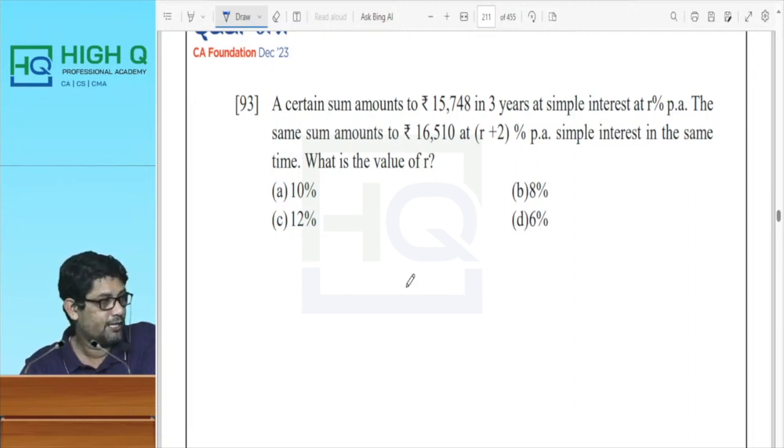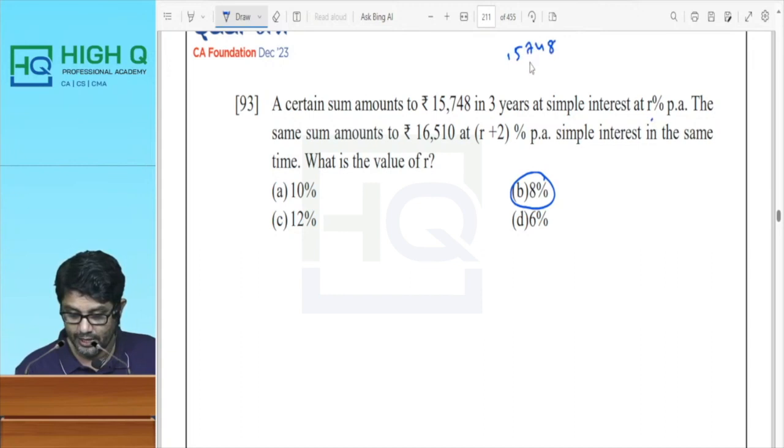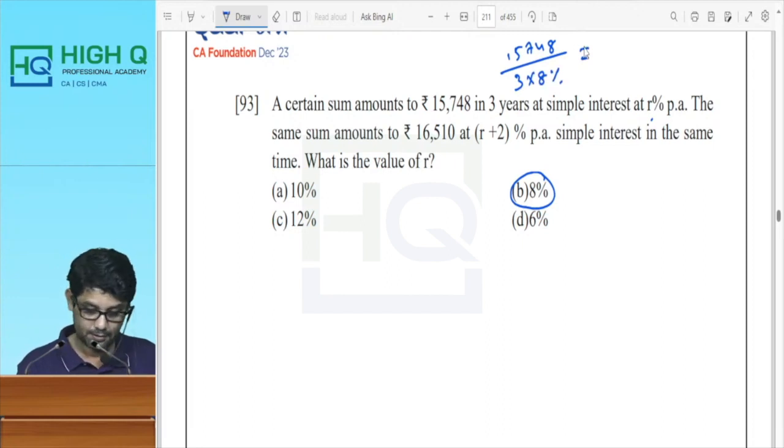You want to try the trial and error method? For example, you are taking 8%. Let me check 8%. So, 15,748 divided by 3 into 8%.